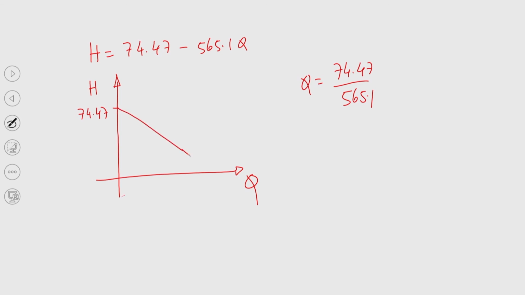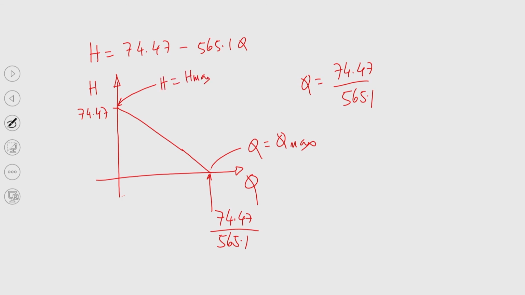This point is 74.47 divided by 565.1, where h is equal to 0 and Q is equal to Q max. And this is the point where Q equal to 0 and h equal to h max, right.